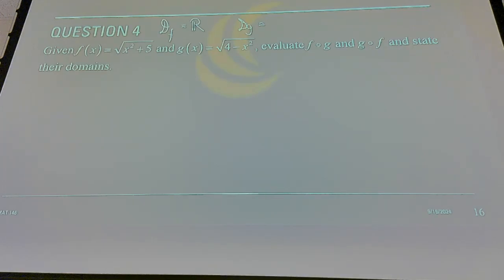No, it's negative 2 to positive 2. Negative 2 to positive 2. Right, this one's 4 minus x squared, not x squared minus 4. Which means now x squared would have to be smaller than or equal to 4.